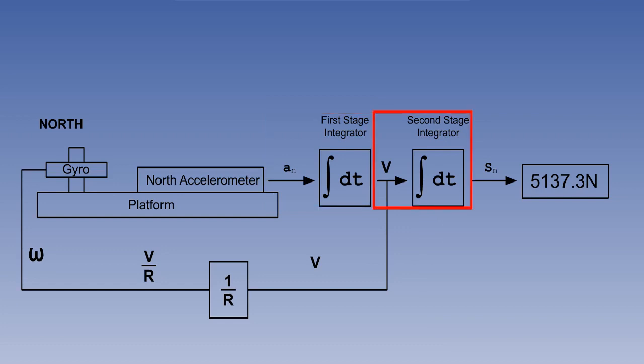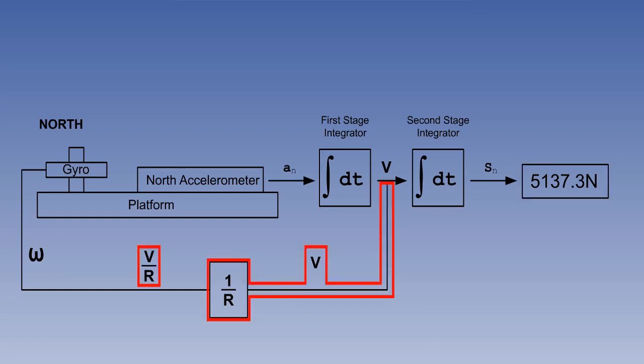Here they are integrated into velocity. One feed of this velocity is taken forward to the second stage integrator, where it is converted to distance gone and added to the present position, thereby generating a new present position.